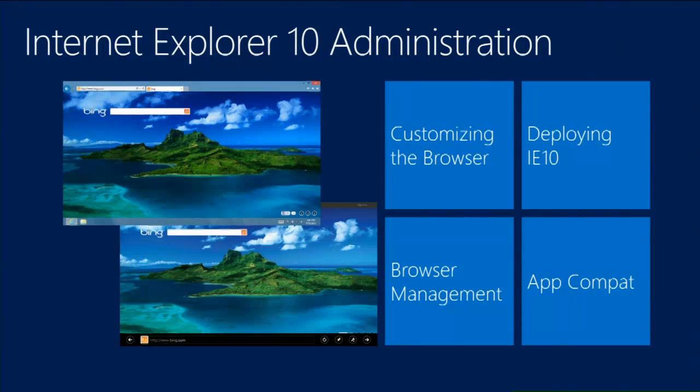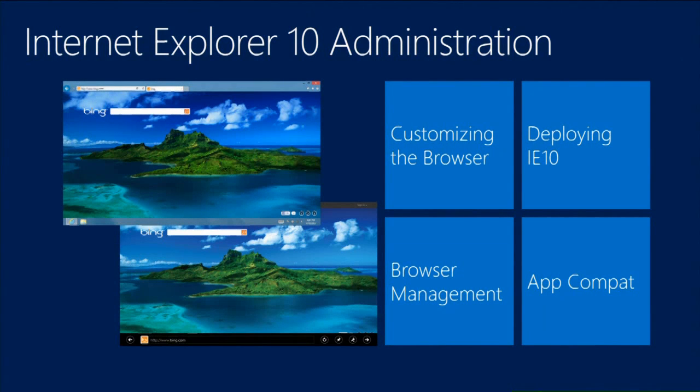Our customers asked us to create a version of Internet Explorer that was more secure, that was based on modern standards, that was very touch-friendly to support smaller screen sizes, to support touch devices. And at the same time, they also said, oh, and don't break the web for everything else that we have. We need to continue running our existing web applications. So please make sure it's backward compatible.